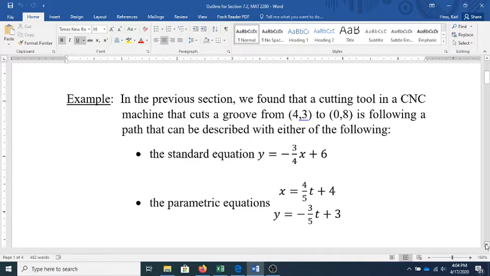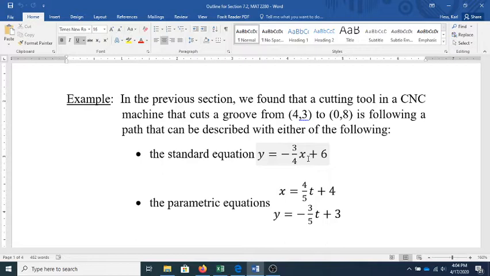Okay, and we had said that the path that's followed by the cutting tool as it makes a straight line between these 2 points can of course be described by a standard linear equation, y equals negative 3/4 x plus 6. We just use some basic things that you would have learned in algebra classes to find the slope of the line and then build it using the template y equals mx plus b.